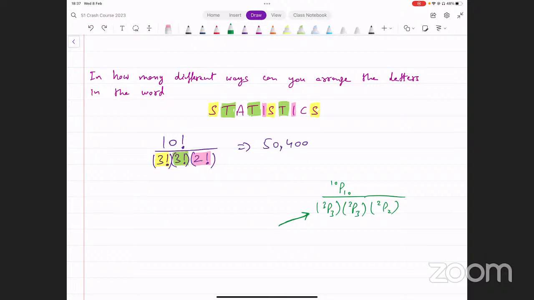But when the number of objects and the number of them that you have to arrange is equal, it's actually much simpler to use factorials directly rather than using the permutation notation. So in this case, you would rather just use this instead of using the permutation notation. That's not really required. So that's how this permutation notation is related to this.